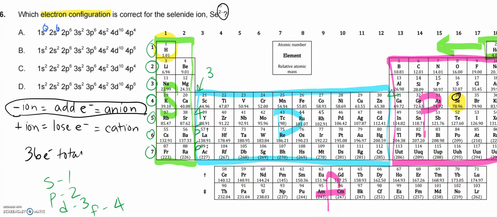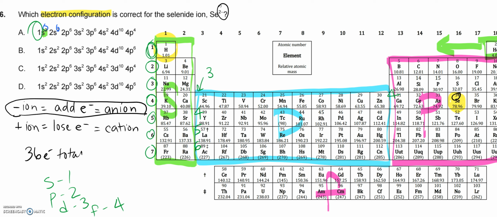So the energy level is the first number, so that's this number here, that's what I was circling over here, that's my energy level, and that's basically how far the electron is from the nucleus. And then I've got the weird little letters, the shapes.